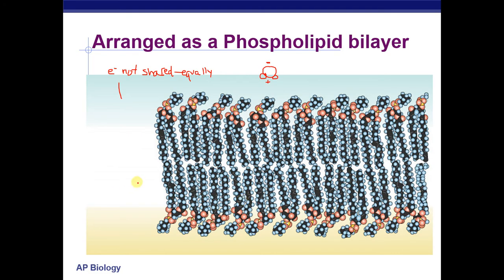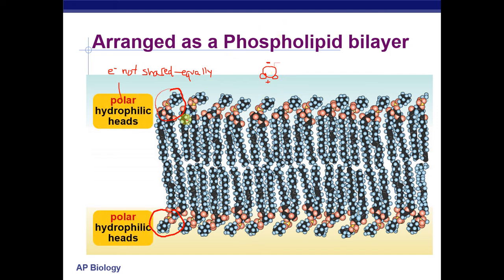So here is another bigger picture of the phospholipid bilayer with the heads here and here, and the tails in between. Okay. And then there's water on the outside and on the inside. So the polar hydrophilic heads on both sides and the non-polar hydrophobic tails in the middle.